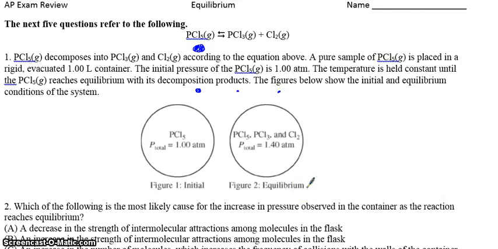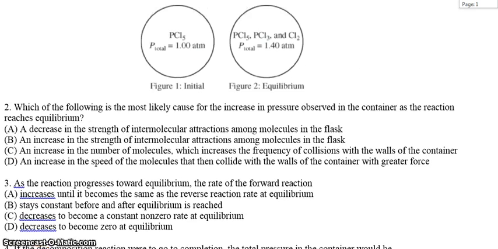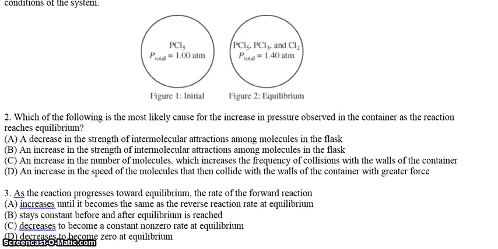All right, number 2. Let's go down and see if we can get some of these questions answered. Which of the following is most likely the cause for the increase in pressure observed in the container? So they're asking us, why does the pressure increase? Well, we said we're forming products. A says a decrease in the strength of intermolecular attractions among the molecules.